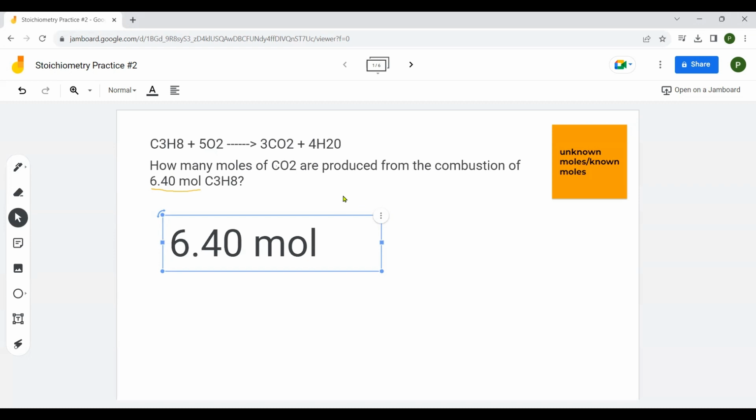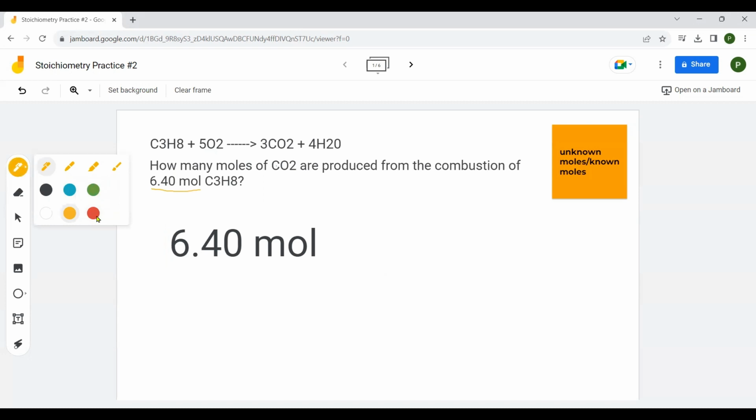So it's asking me how much CO2 is going to be produced if I have 6.40 mole. So we have to look at the ratio of moles in the equation above. So our normal ratio would be 1, there's an invisible 1 right here, to 3. So for every 1 C3H8, we get 3 CO2.